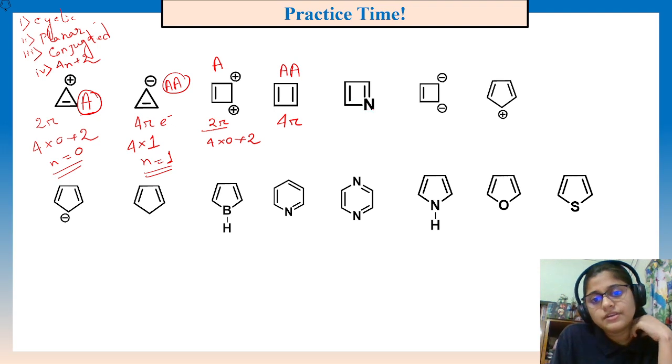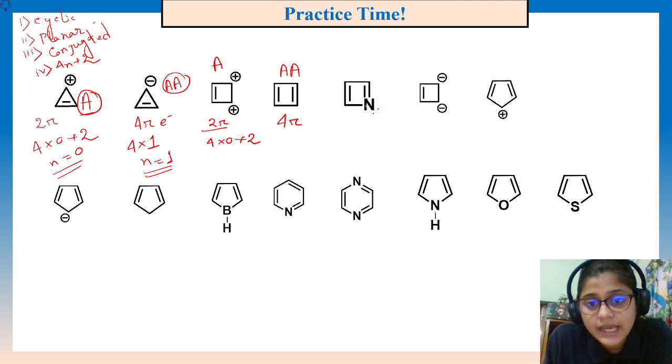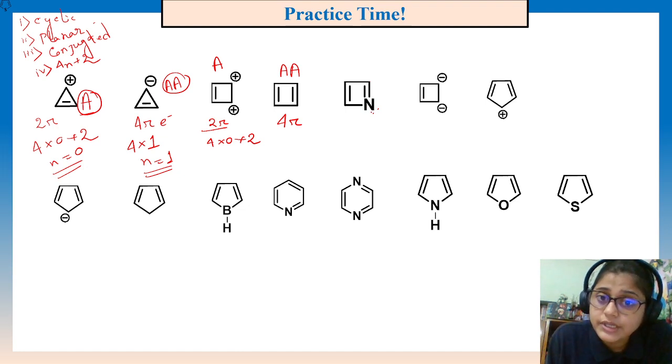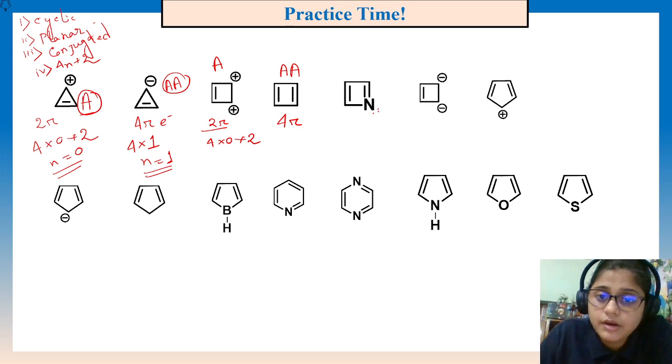Then nitrogen has a lone pair, but it is not participating in conjugation. If you see, it is already an sp2 atom, and it has a double bond here. So it cannot conjugate further through this lone pair, right? It has conjugation, but in this way. This is not participating, right?